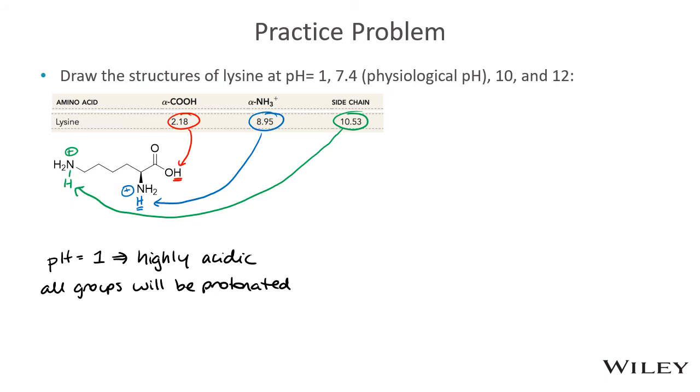So our nitrogen in the side chain will have 3 hydrogens attached, which will give it a positive charge. The carboxylic acid will remain with its acidic proton, and the alpha amino group will also have an extra proton and will exist in its ammonium ion state. So this is a cationic version of lysine, which exists at pH of 1.